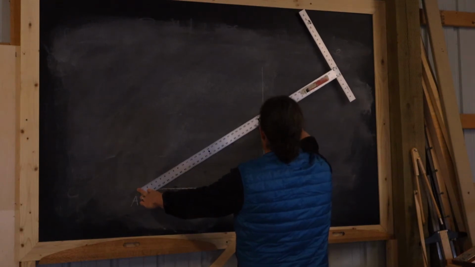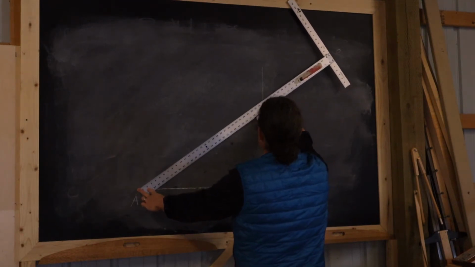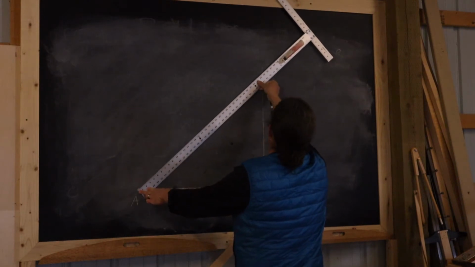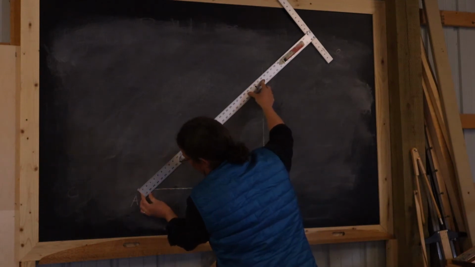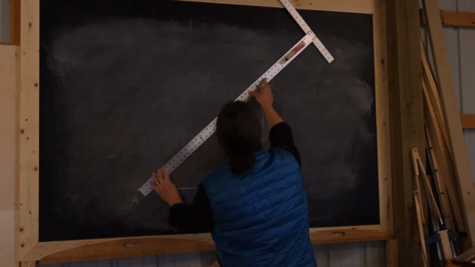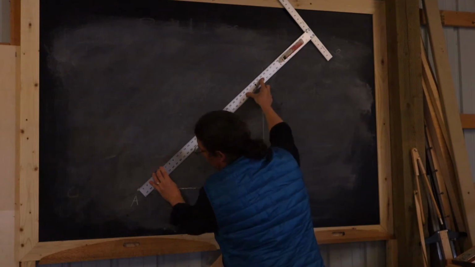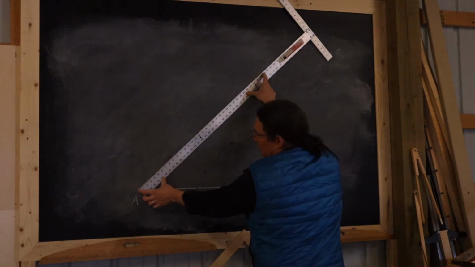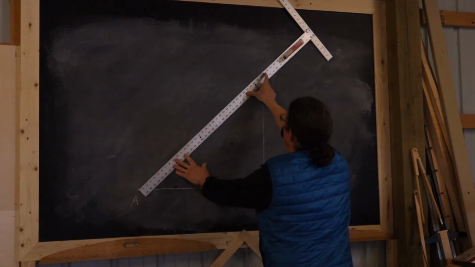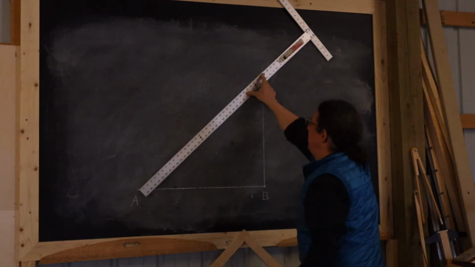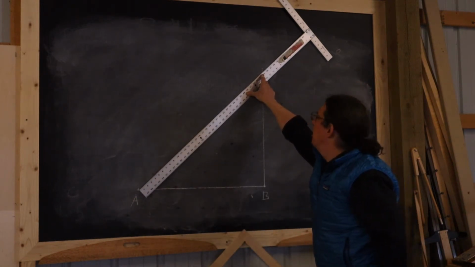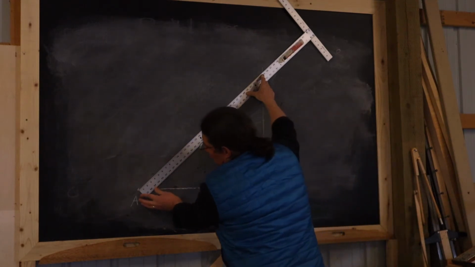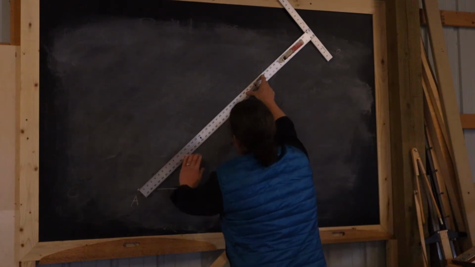And I want to tilt it until I get a number on this ruler that is a multiple of the number of segments I want to divide this thing into. So I've got the 0 lined up with point A here, and I've got, you can't see it on the camera, 35 marked up here intersecting with that vertical line that I drew.